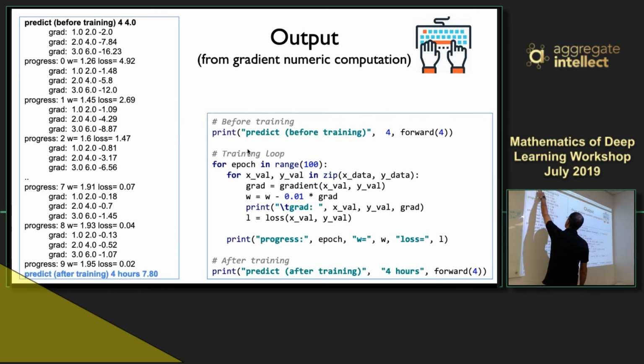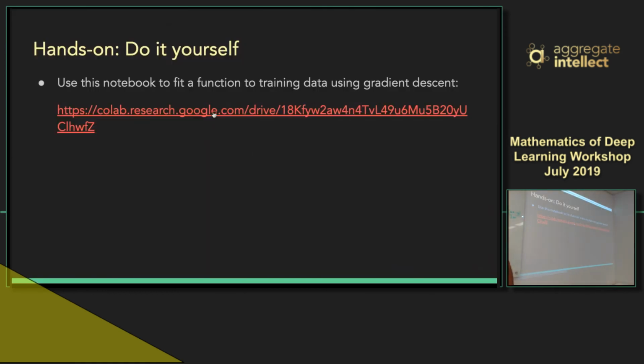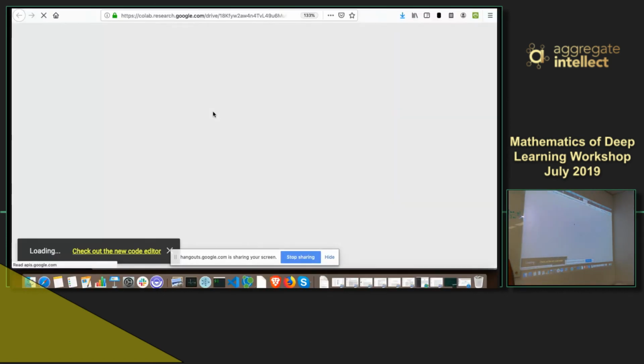And it prints the values for us, and we'll see that the loss function actually goes to small numbers, and we look at what comes out of that, and let's actually do it.